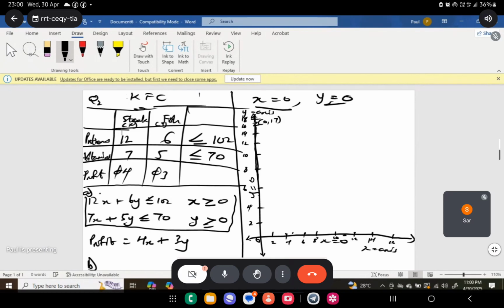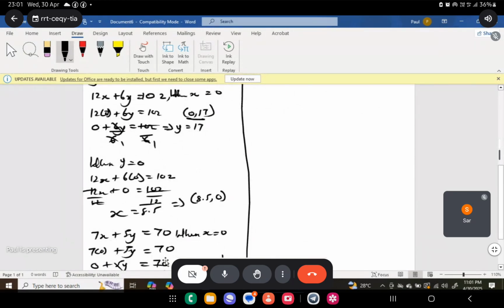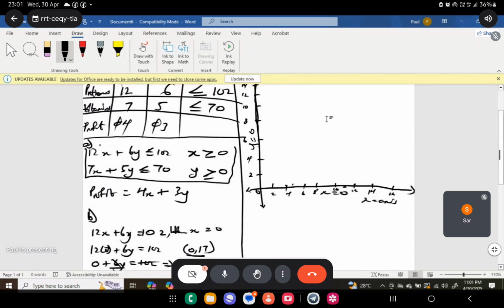Then we'll look for the second point. Our x is 8.5 and our y is 0. So x is 8.5. This is x, being 8.5. Let's assume this is it.